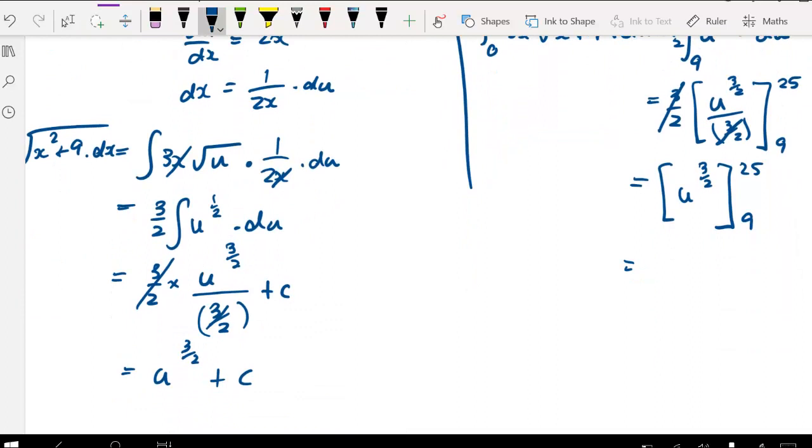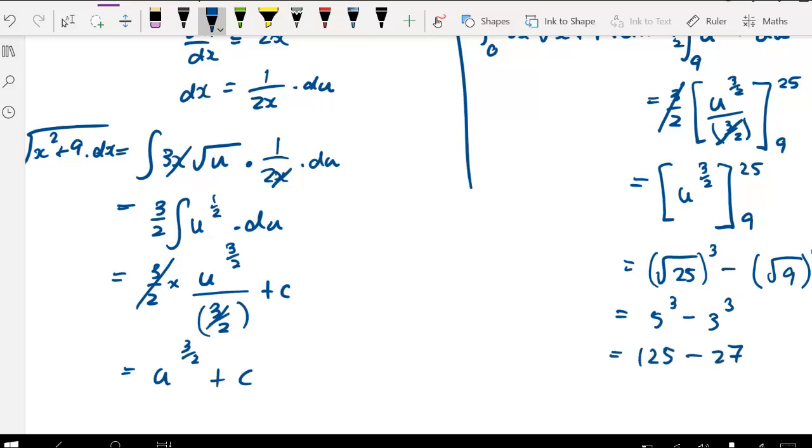So this is square root of 25 cubed, take away square root of 9 cubed. So this is 5 cubed, subtract 3 cubed, 125, take away 27, which leaves us with 98 units squared.